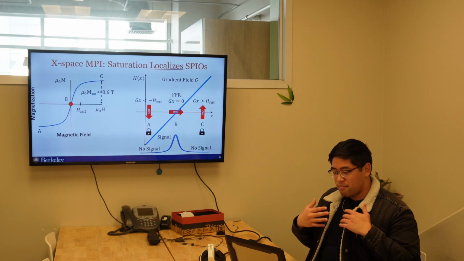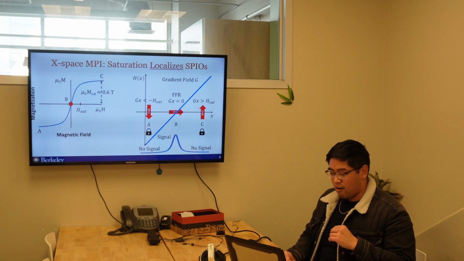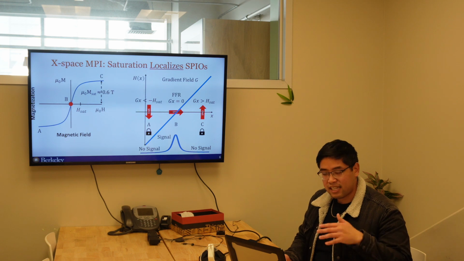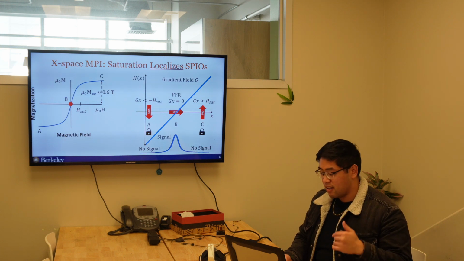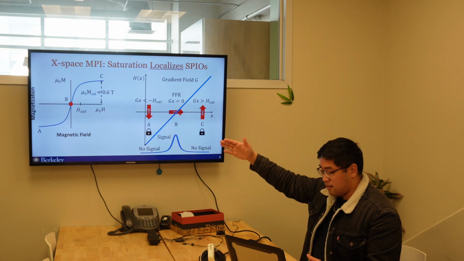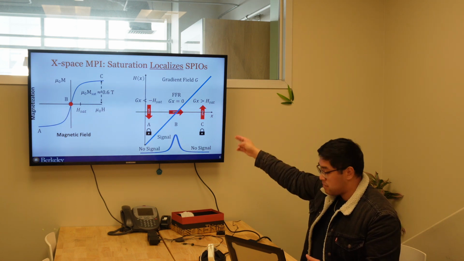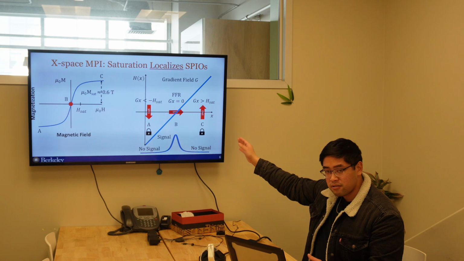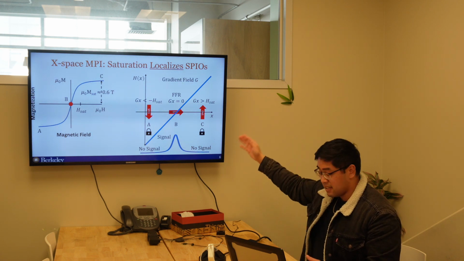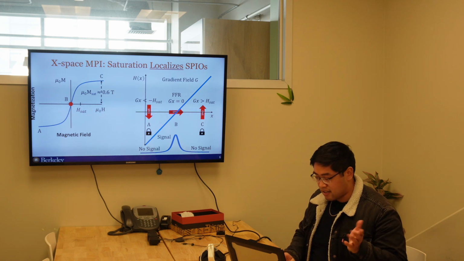So how is an MPI image formed? We exploit the nonlinear saturation in the magnetization curve, or response, of the particles. In this example, we've got 3 particles in one dimension. Particle B is the only particle whose magnetization changes, while particles A and C are locked in their saturation state.